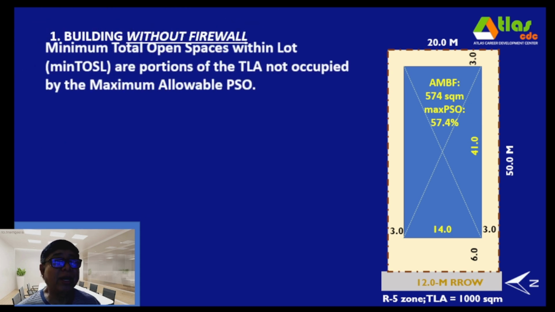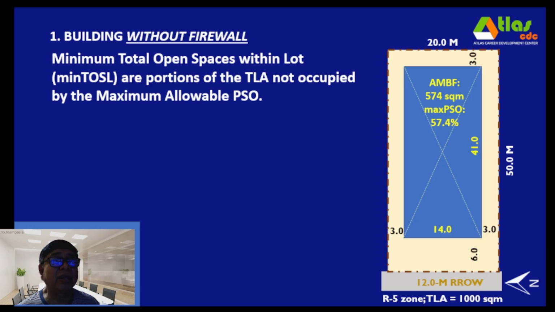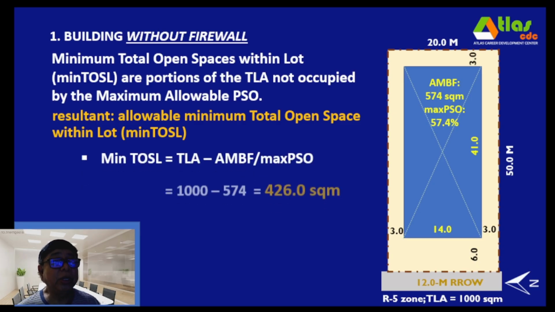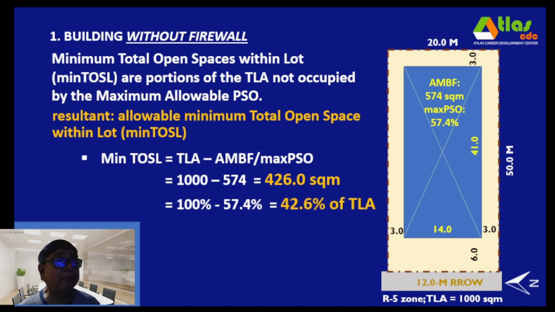So, ang ating consideration dyan is this statement again from the NBCP saying that the minimum total open space within lot, or minimum TOSL, are portions of the TLA not occupied by the maximum allowable PSO, and that means we have the resultant minimum TOSL. So, if we're going to deduct the AMBF most stringent or the maximum PSO most stringent from the TLA, we will arrive at the resultant minimum TOSL.